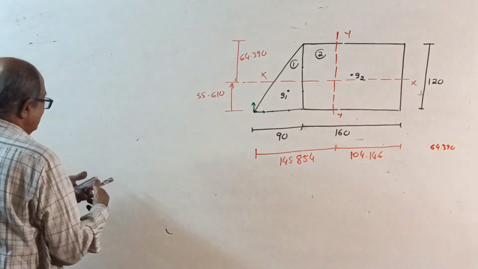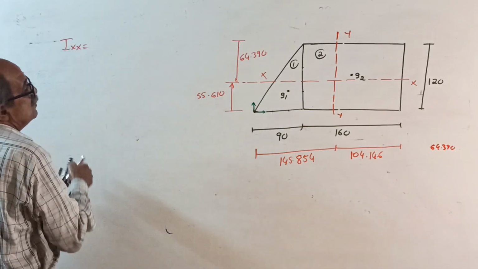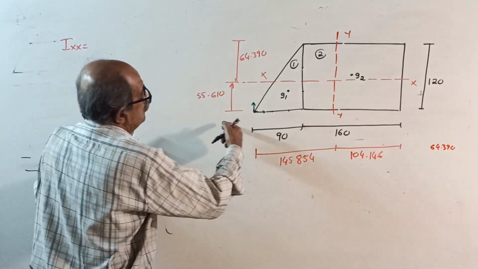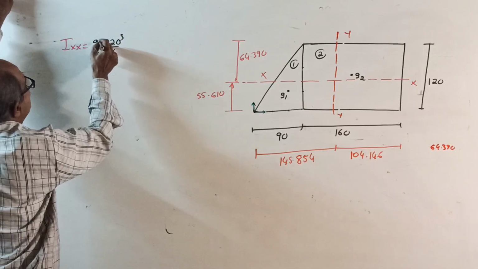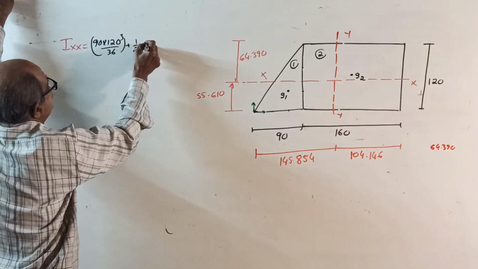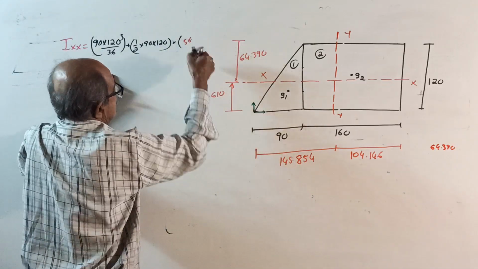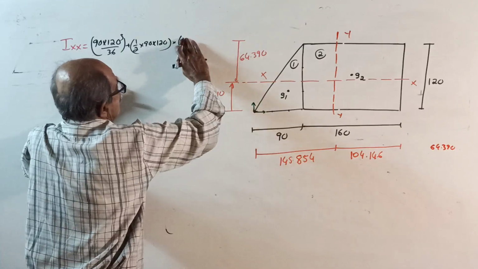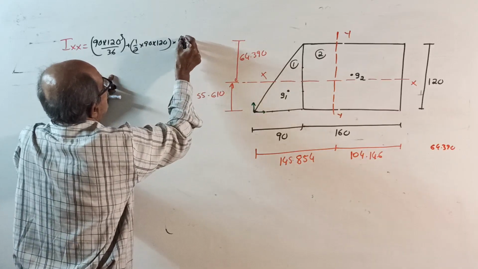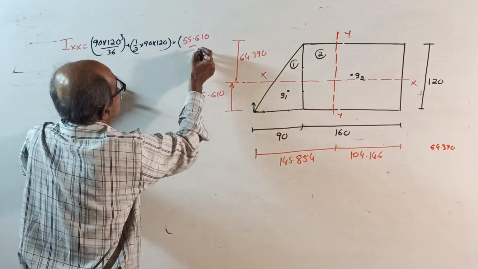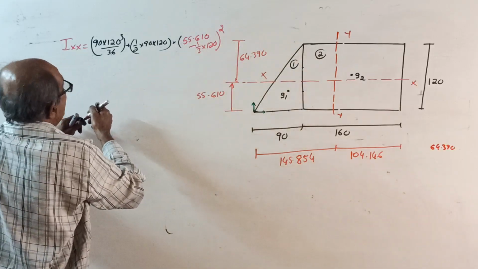Okay, start. Since this much is given, I will give the moment of inertia also. Ixx, fast. With high speed I will do. 90 into 120 cube divided by 36, Ig, plus half into 90 into 120, the area, into 55.610 minus 1 by 3 of 120 whole square, for the triangle.